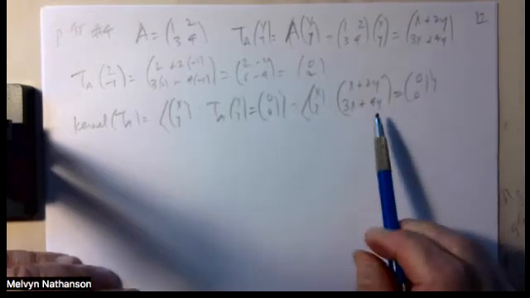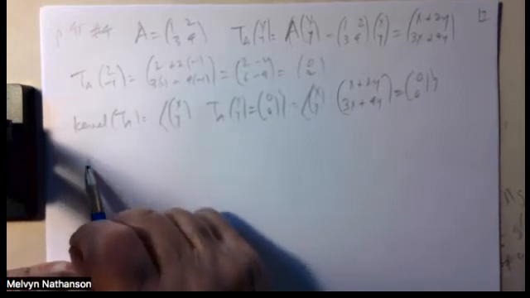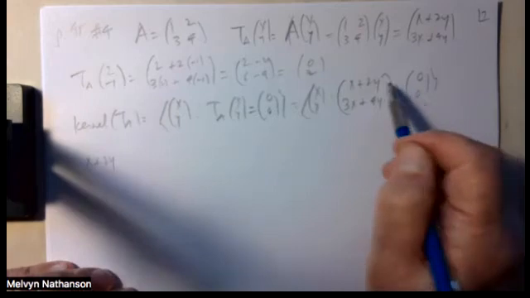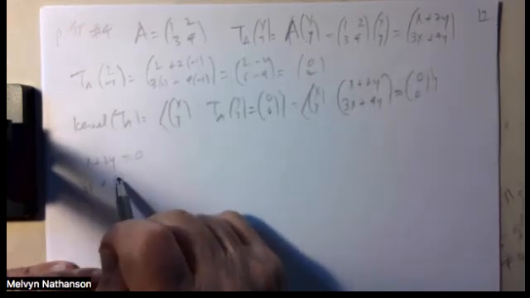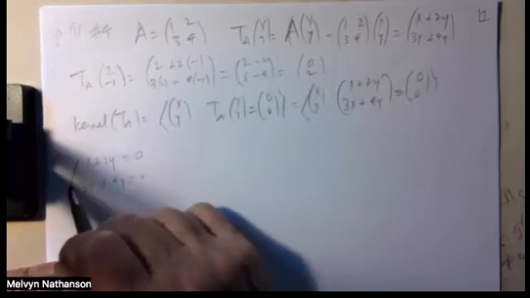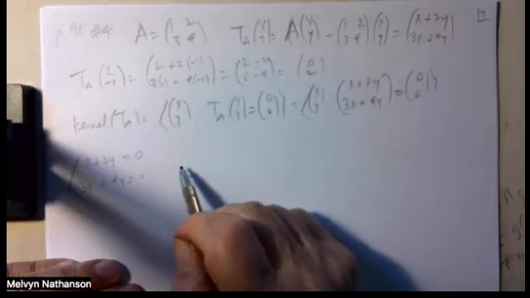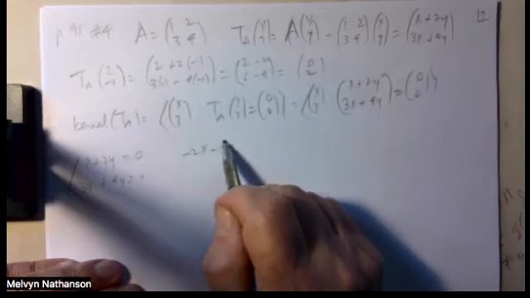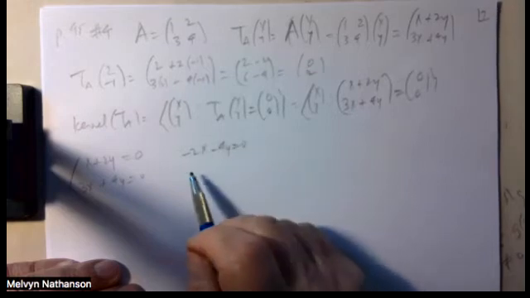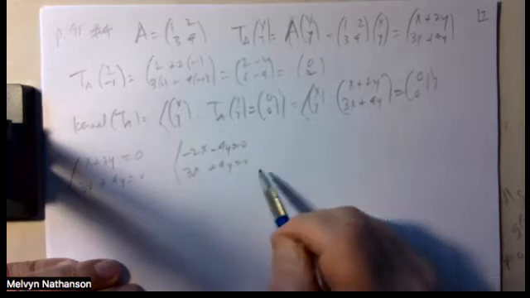So vectors in the kernel have coordinates that satisfy these two equations in two unknowns: x plus 2y equals 0, 3x plus 4y equals 0. For example, if you take the first equation and multiply it by minus 2, you get minus 2x minus 4y equals 0. The second equation is 3x plus 4y equals 0.